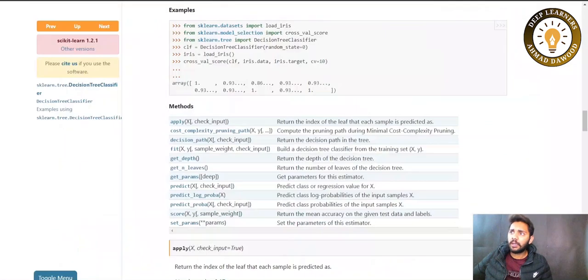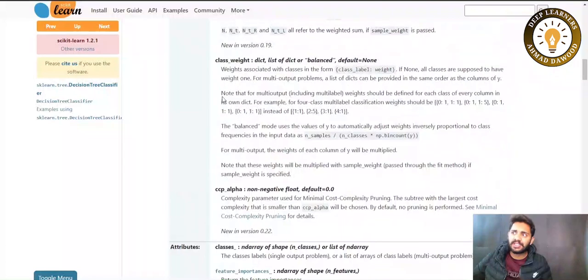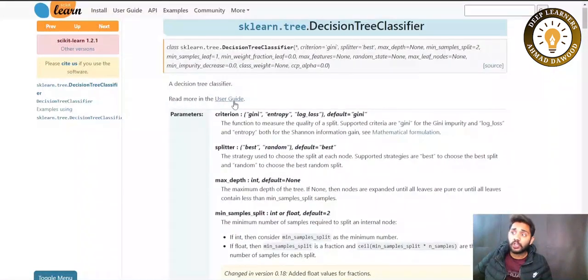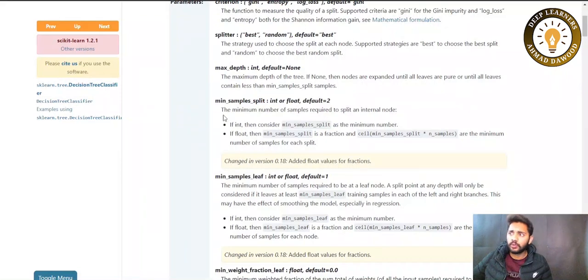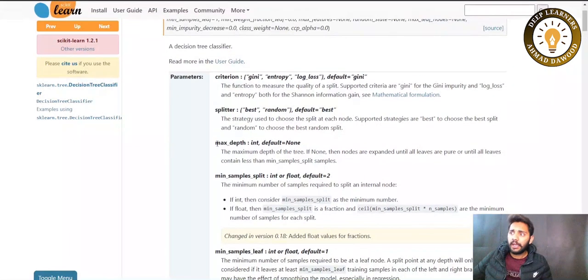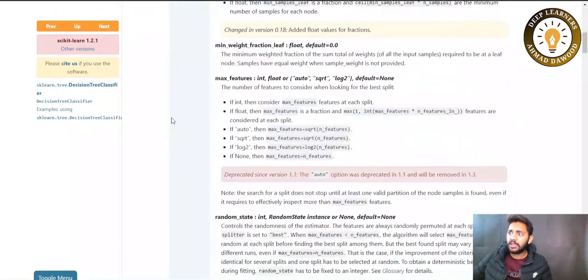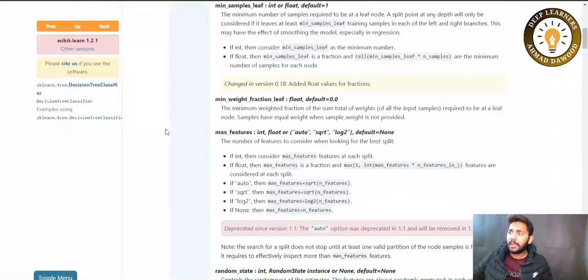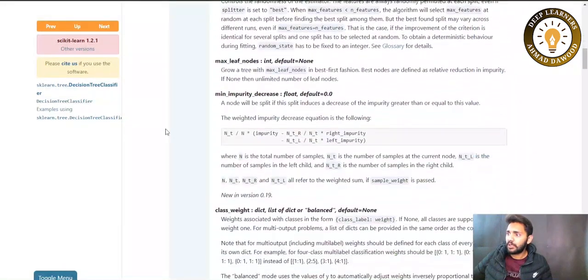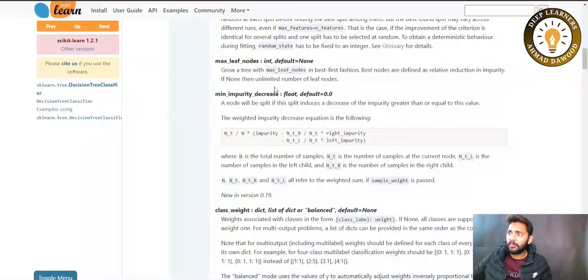There are a lot of other parameters here that I have not used. You can play with these parameters. These are the same concepts I told you about. Some of the parameters like splitter and max features are used to create some randomness, and then there are class weight and min impurity decrease.